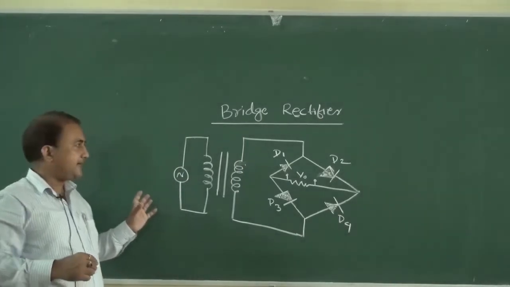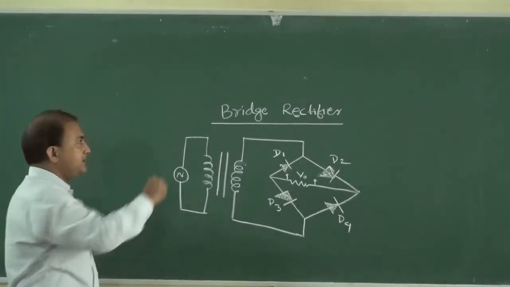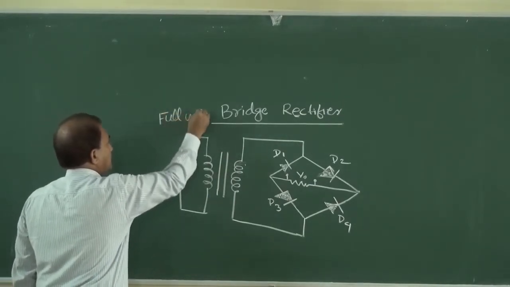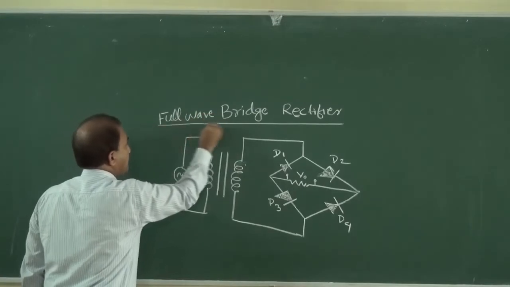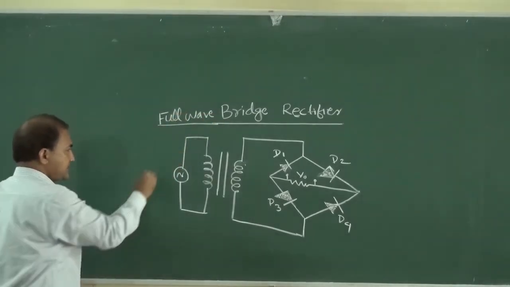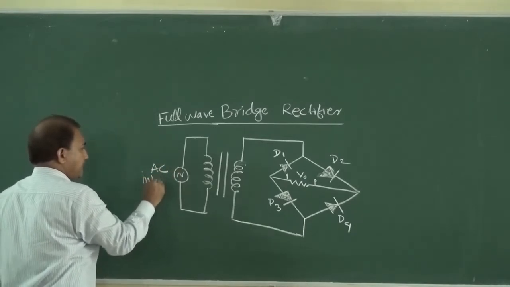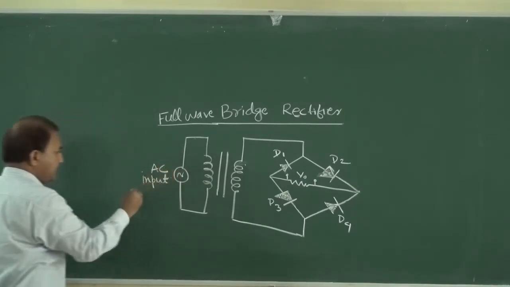This is the circuit diagram of a full wave bridge rectifier. This is the AC input.